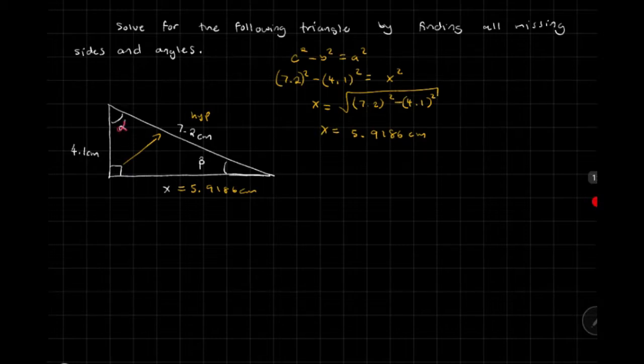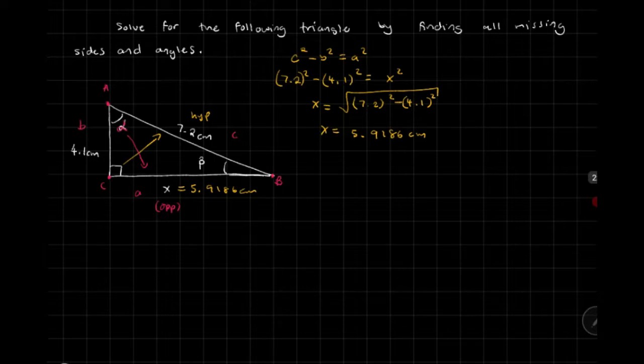To find alpha here, we can notice that x becomes the opposite side. Let's say we label this side length A, this one C, and this one B. So this is side length C, this is side length B, and this is side length A. It's just another way of looking at it.